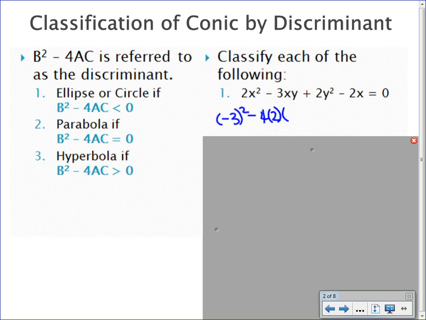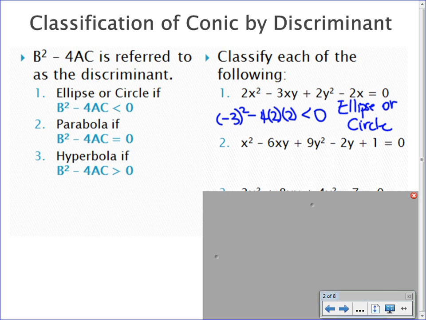What is c? Is that positive, negative, or 0? Negative. Isn't that 9 minus 16? Negative. So we have an ellipse or circle.